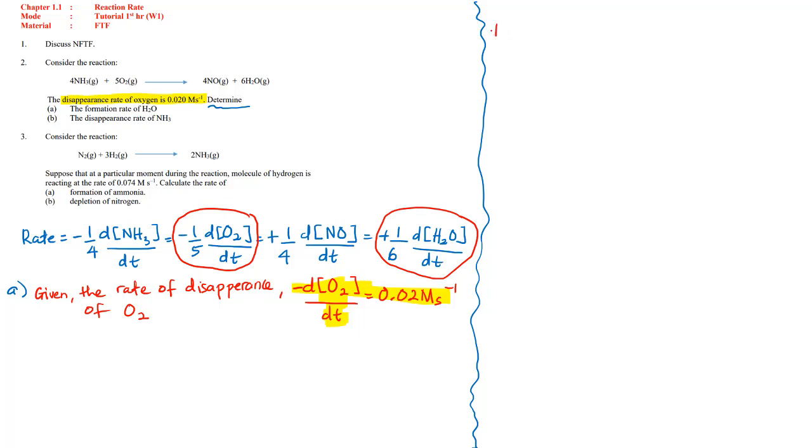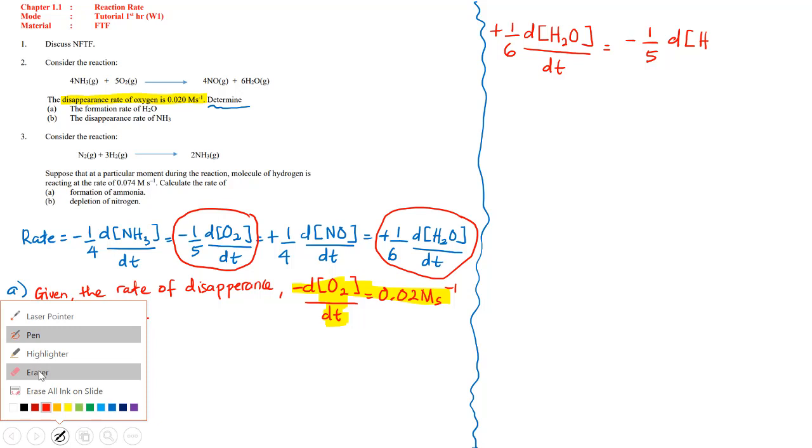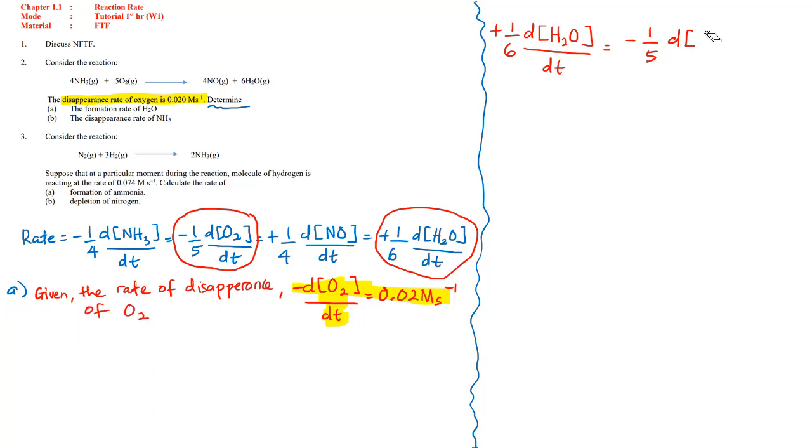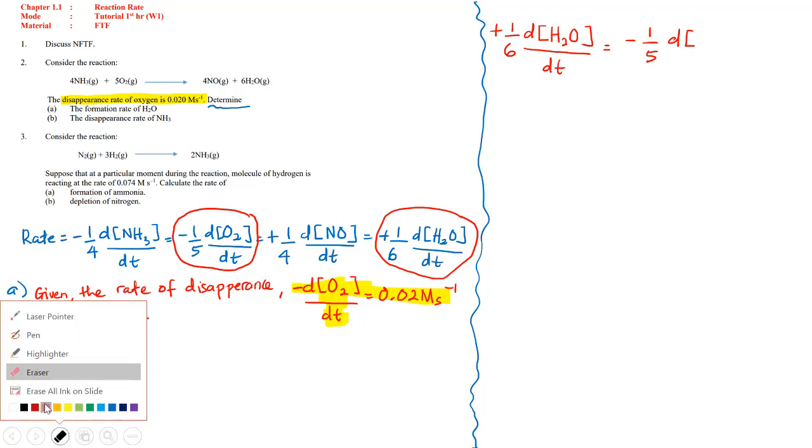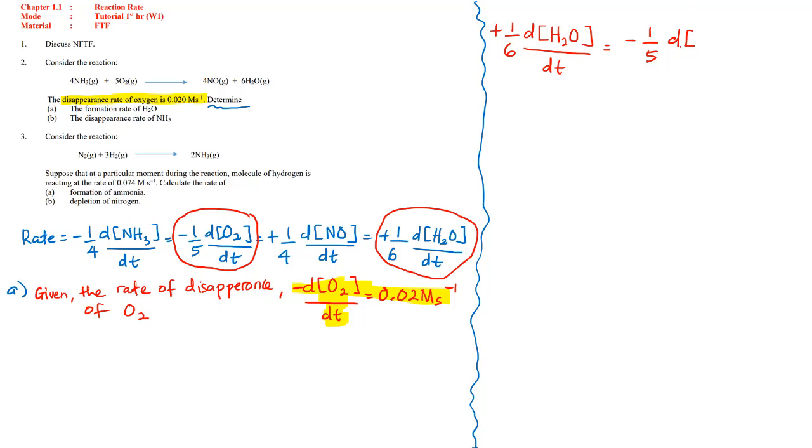So compare the rate that we want: positive 1/6 d[water vapor]/dt equals negative 1/5 d[oxygen gas]/dt.